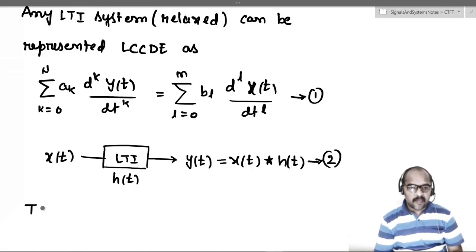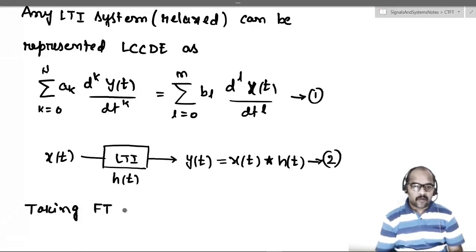Taking the Fourier transform of equation 2, what do we get?